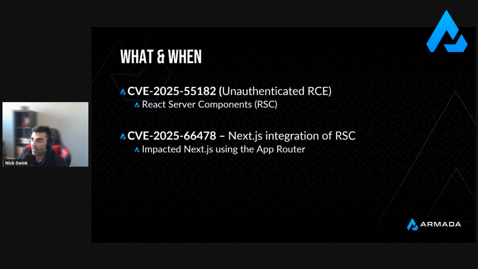And this secondary CVE was issued to Next.js, which integrates React server components into it. So it's the same bug, just in a different framework. I'm assuming it was created because Next.js is also very popular, so it warranted having its own CVE for their integration of React server components.